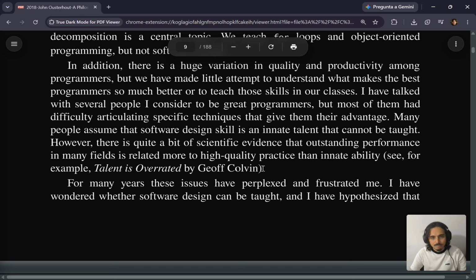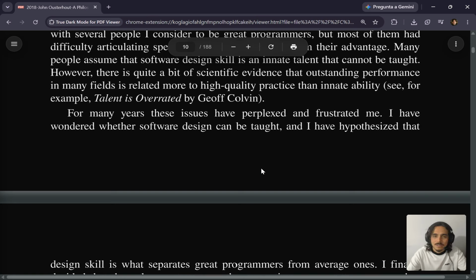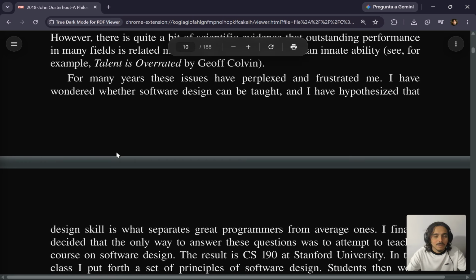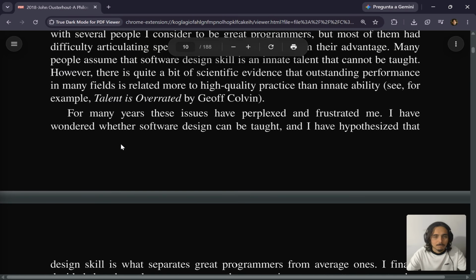Obviously subjective, but there is quite a bit of scientific evidence, so it's subjective and objective at the same time, I guess. So yeah, the belief that we are capable of learning anything, just by putting in the hours. Yeah, we can learn this. We just have to focus on this, read, try to digest what we are going to learn, and practice, practice, and more practice.